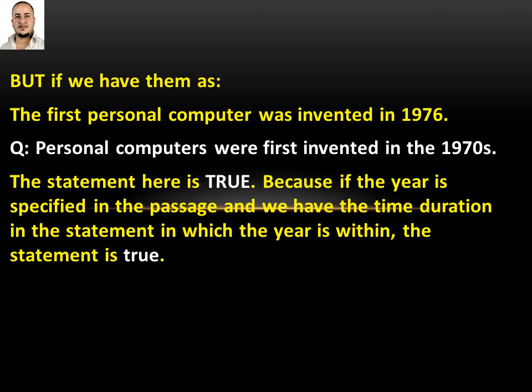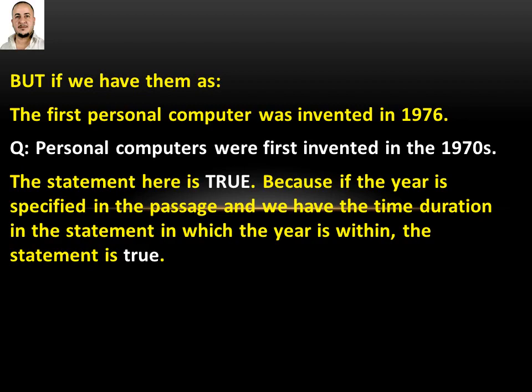The statement here is true, because if the year is specified in the passage and we have the time duration in the statement in which the year is within, the statement is true. Why? Because 76 is a part of the 1970s.